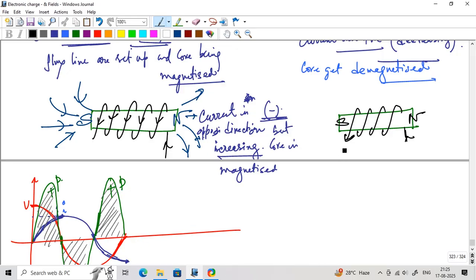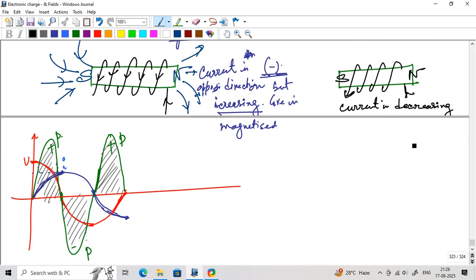Okay, so the current is decreasing from max to 0, and so the core is being demagnetized here.